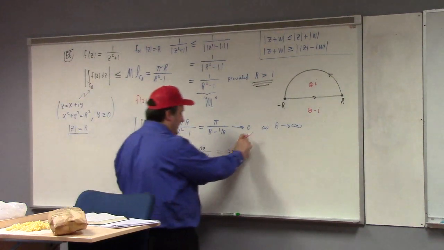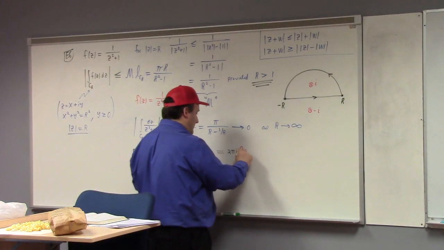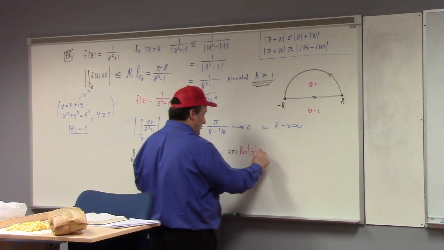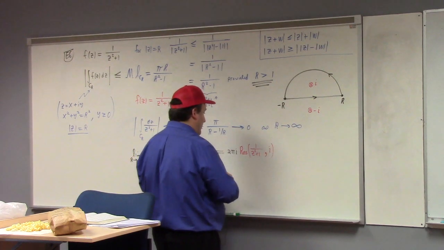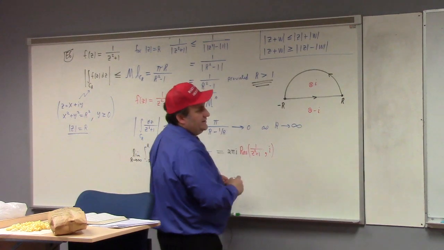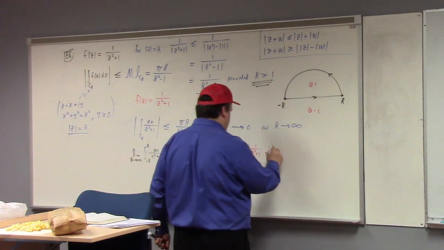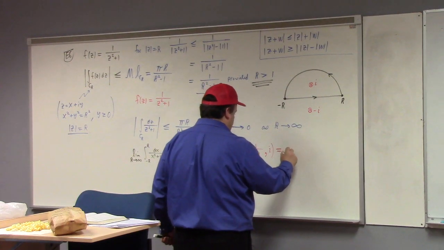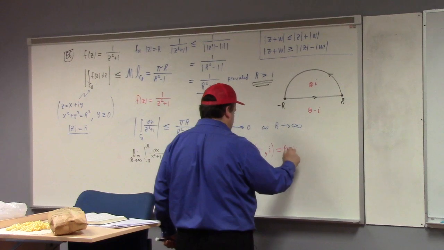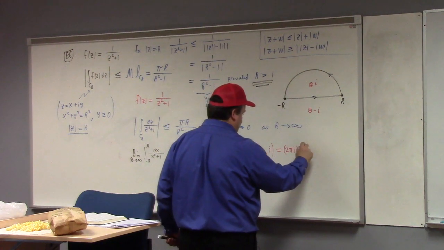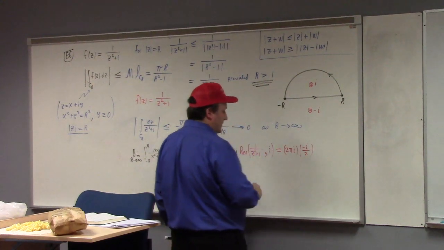So we do 2 pi i times the residue of 1 over z squared plus 1 at i. And, oh, we just calculated that. I shouldn't have erased that. But we got 2 pi i times, what was it? Negative i over 2. Cool.